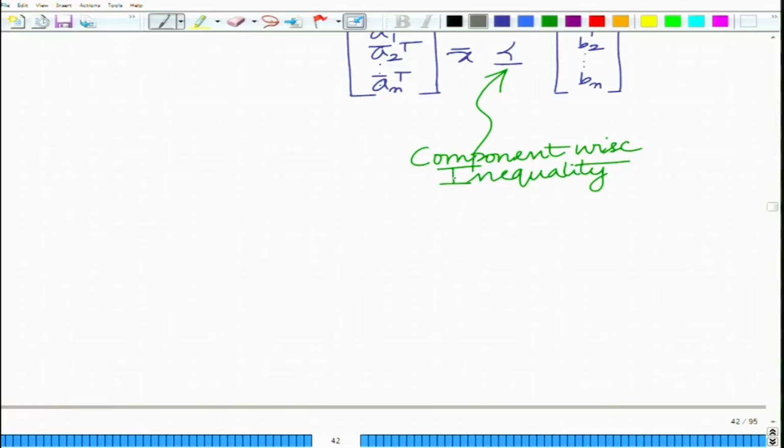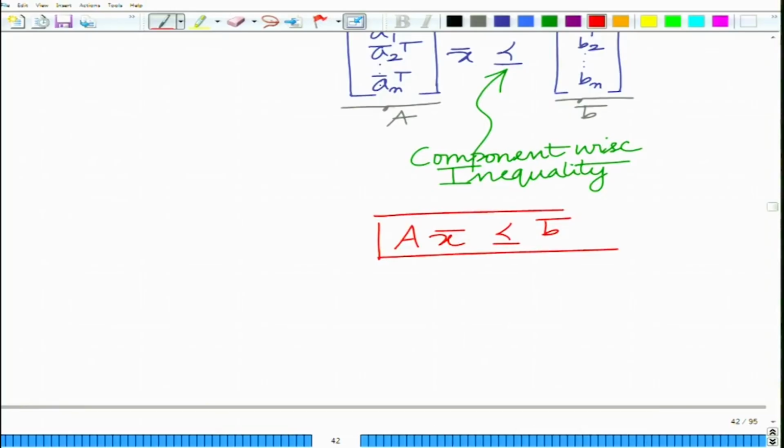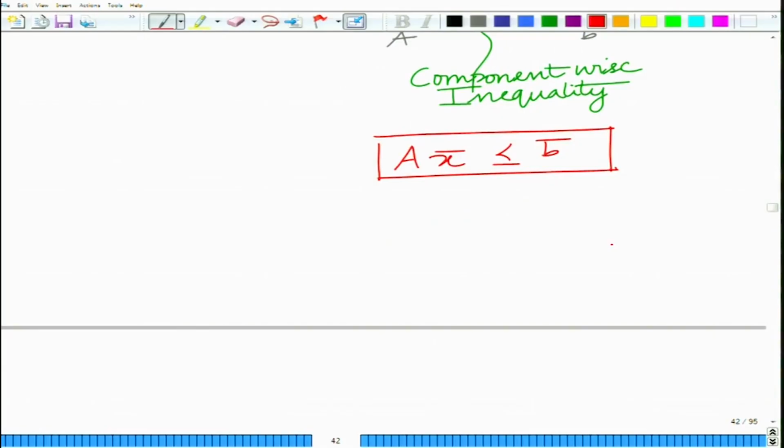Now, denoting this by the matrix A and this by the vector B bar, I can represent this intersection of half spaces as A x bar less than or equal to B bar. So, this basically represents an intersection of half spaces.